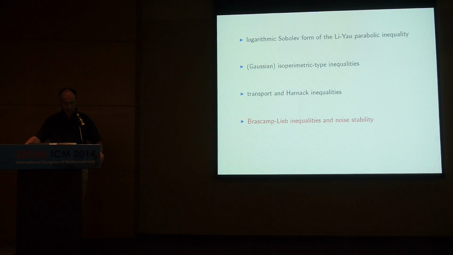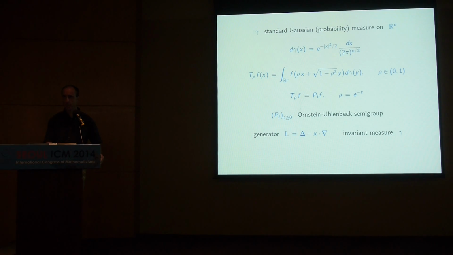And now in the very last part, let me briefly consider Brascamp-Lieb inequalities and noise stability. To start with, let us just briefly recall some objects that were explicitly or implicitly considered so far.